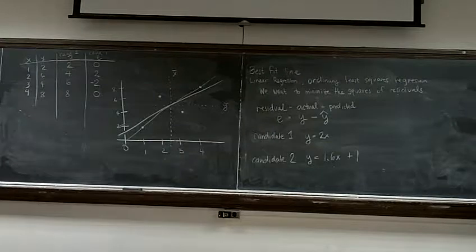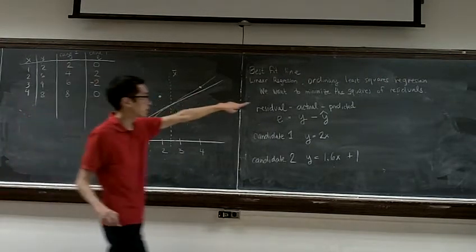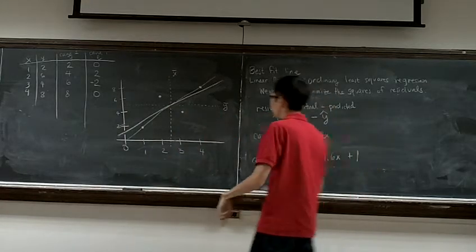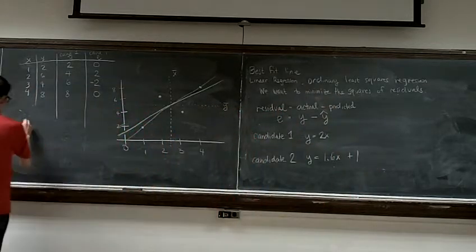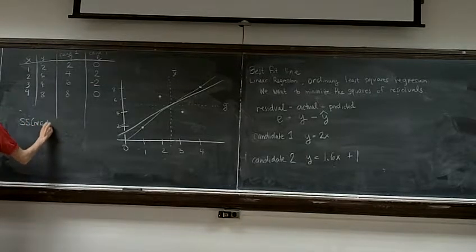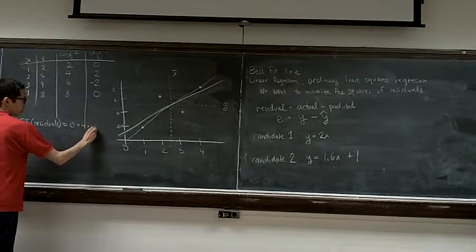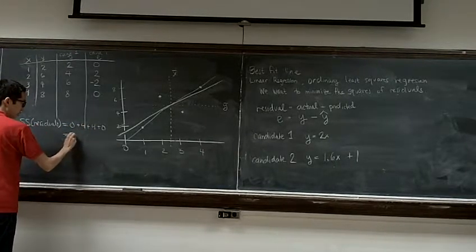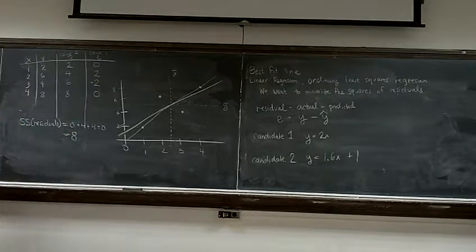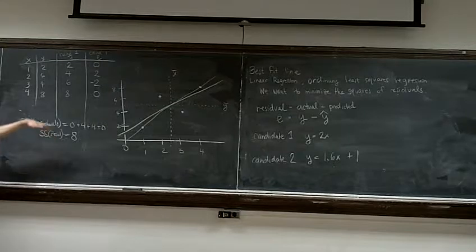Okay? So the total sum of squares residuals, we want to minimize the squares of the residuals. So the sum of squares residuals would equal 0 plus 4 plus 4 plus 0. I would have a total of 8. This is my sum of squares residuals for candidate 1.